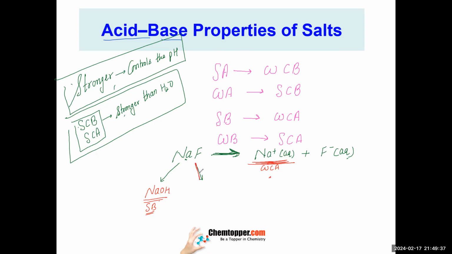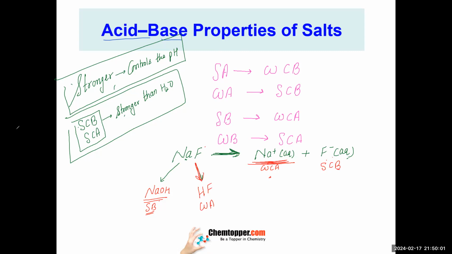Can you identify from where I'm getting this F minus? Is it strong acid or weak acid? It's a weak acid. If it is weak acid, then F minus is a strong, what? Afan. Strong conjugate base.